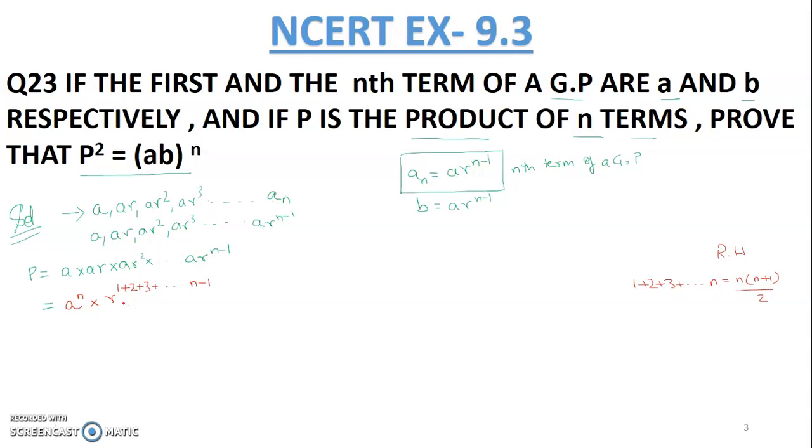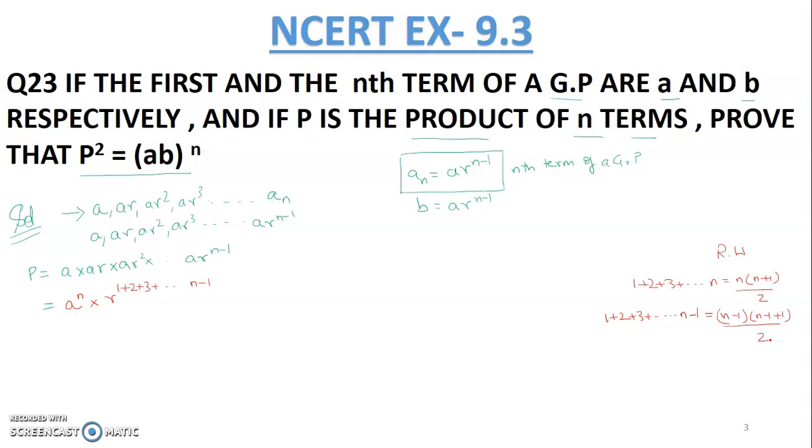Now if you see carefully here, it is 1 plus 2 plus 3 continue till n minus 1. So I will write 1 plus 2 plus 3 plus dot continue till n minus 1 is equal to, in place of n I will replace by n minus 1, so (n minus 1) into (n minus 1 plus 1) upon 2.